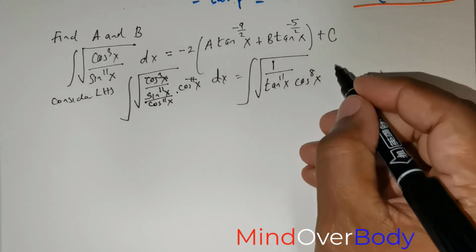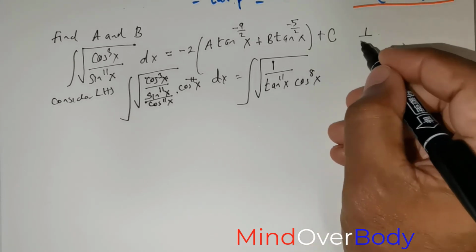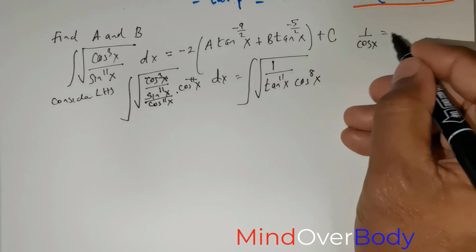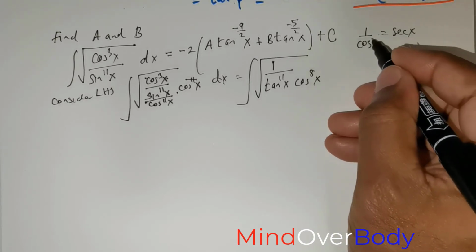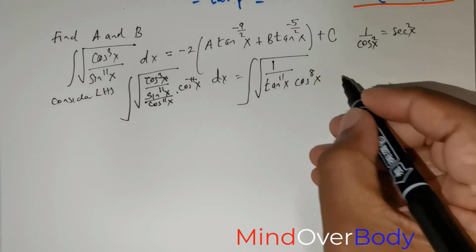Now 1 over cos x is secant x, so you have a square there, so this will become secant raised to the power of 8.